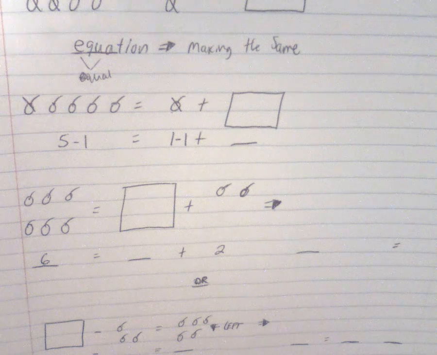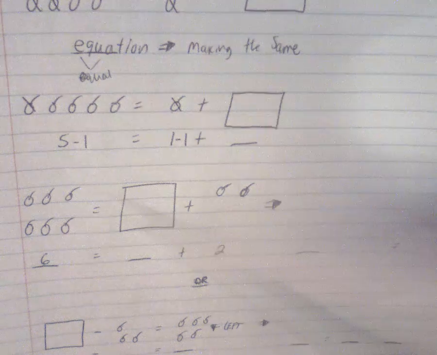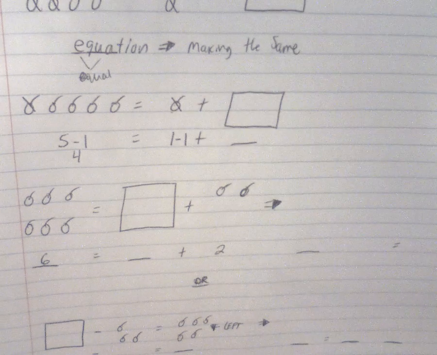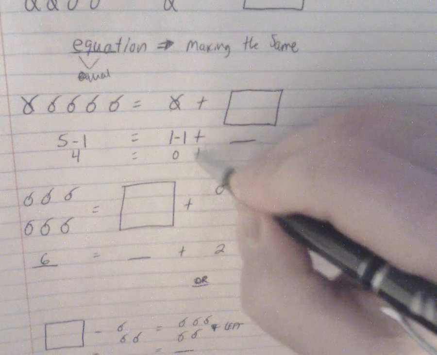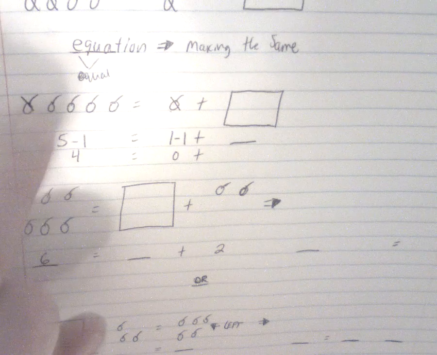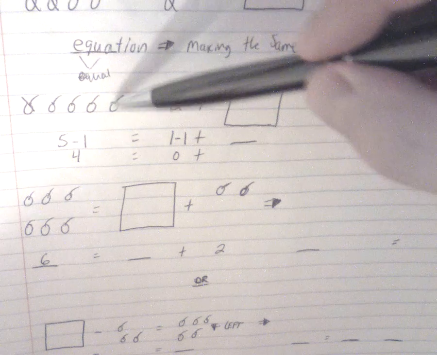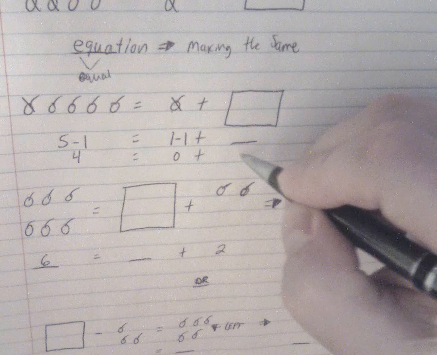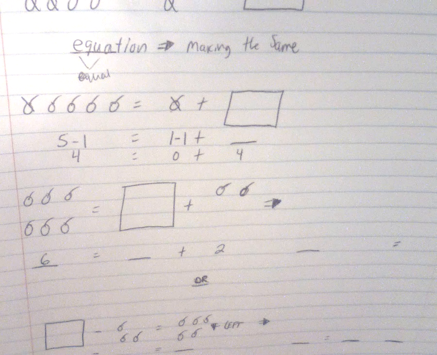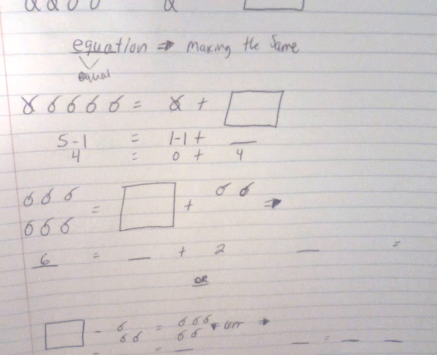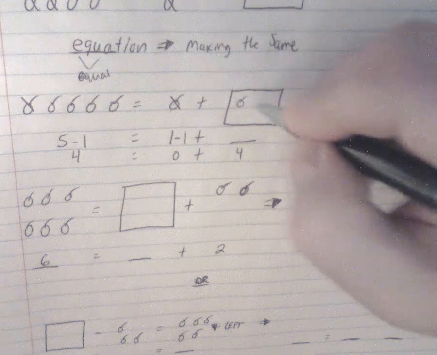What am I left with? I am left with 4 equals 0 plus, well, how many am I left with? 1, 2, 3, 4. Okay? So how many apples fill in my blank? 4.